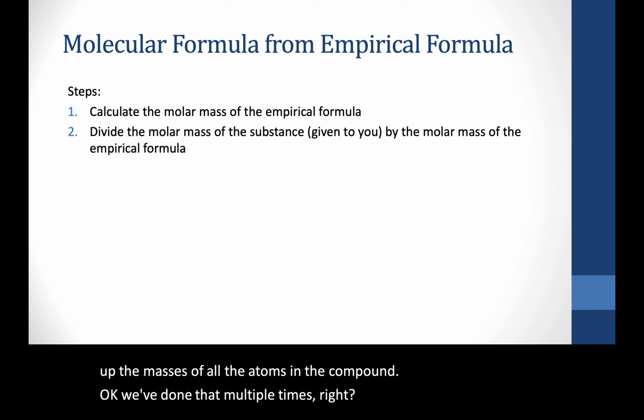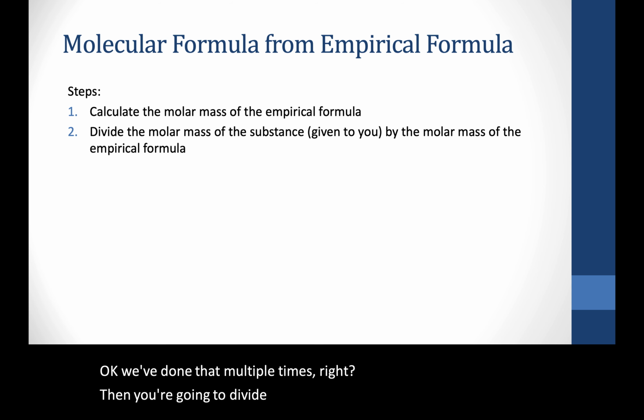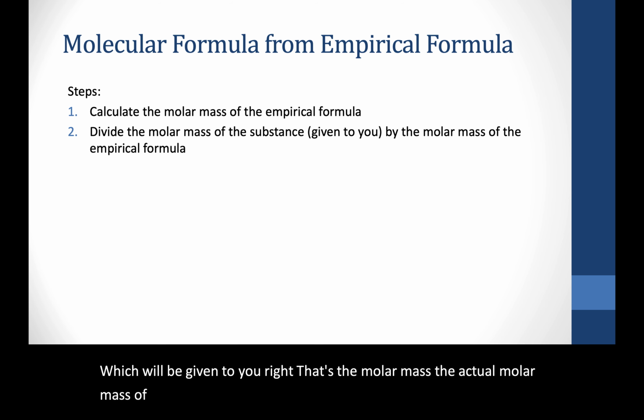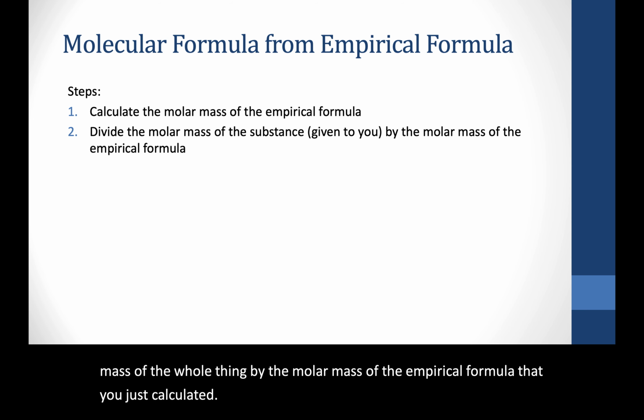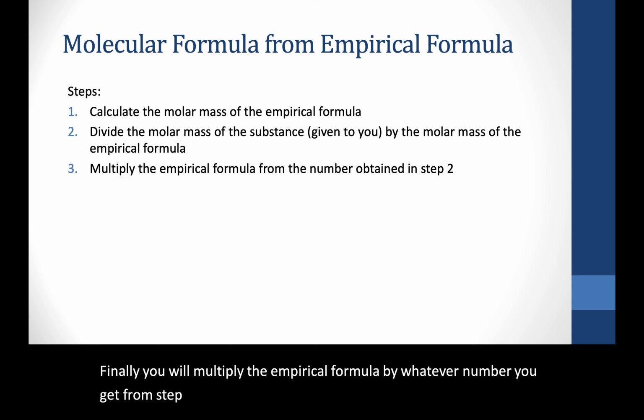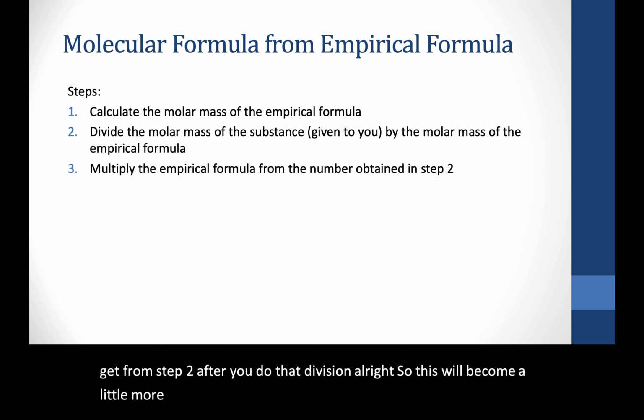Then you're going to divide the molar mass of the substance, which will be given to you, that's the actual molar mass of the whole thing, by the molar mass of the empirical formula that you just calculated. Finally, you will multiply the empirical formula by whatever number you get from step 2 after you do that division, all right? So this will become a little more clear when we do a couple examples here.